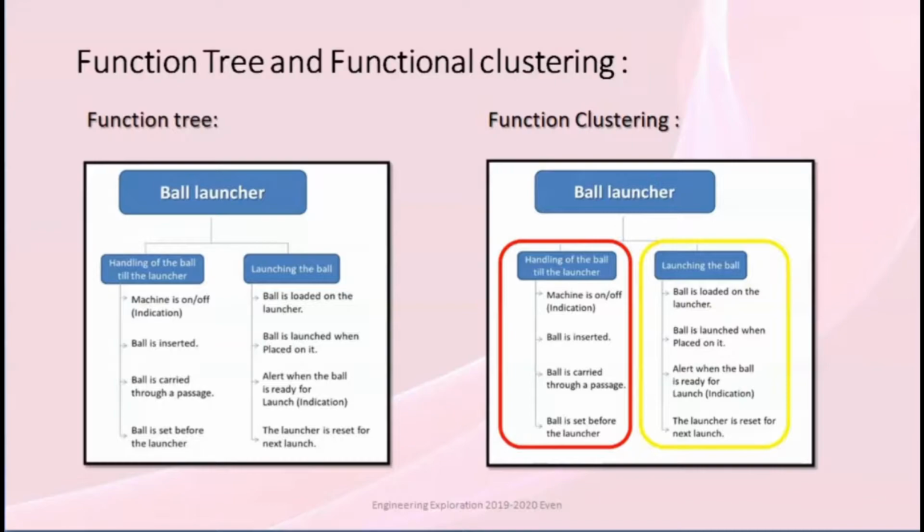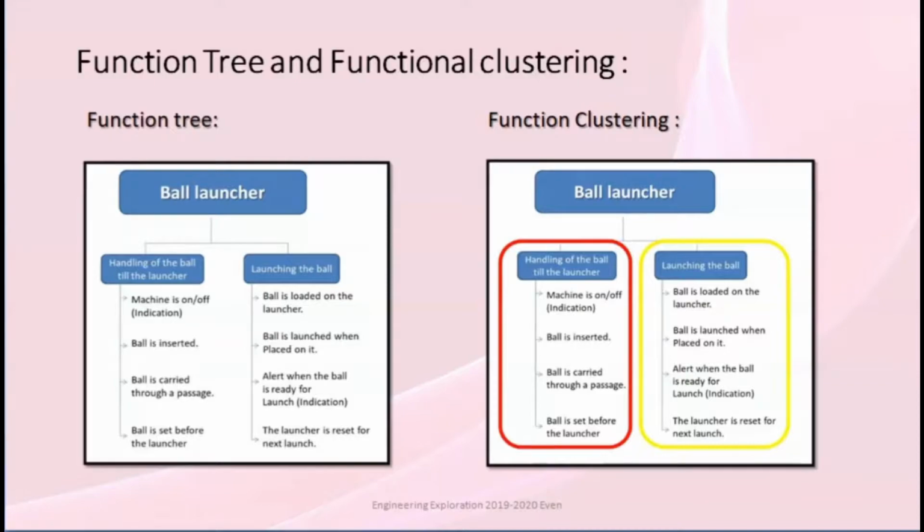Function clustering. In the ball launcher, we have clustered our two main functions into two clusters: handling of the ball till the launcher and launching the ball. Indication, insertion, ball is carried through the passage, ball is set before the launcher, all come into the handling of the ball till the launcher cluster.